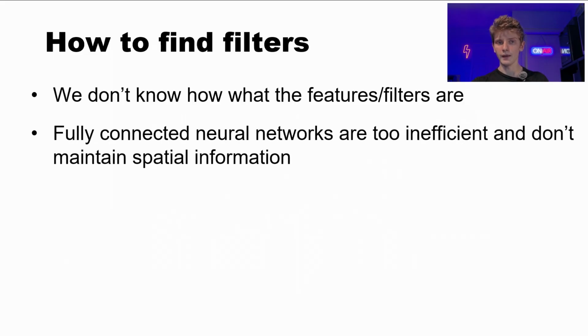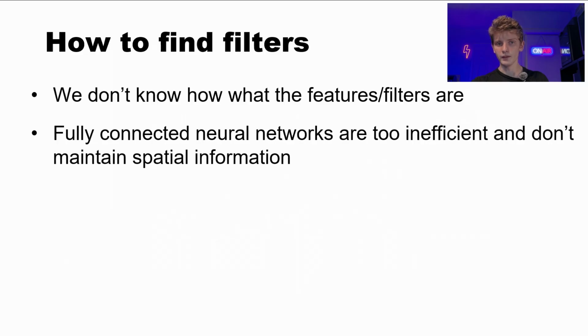Now, something you may be asking is, if we wanted to do a task like image classification, why don't we use something like a fully connected neural network, which we covered in the Intro to Deep Learning video? Well, the problem with fully connected neural networks on their own is they're simply too inefficient for trying to find filters, and they also don't preserve spatial information.